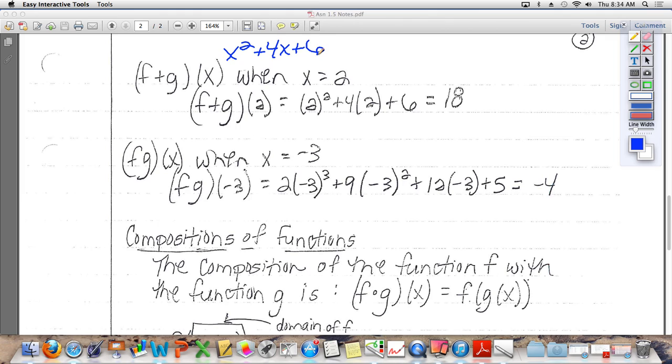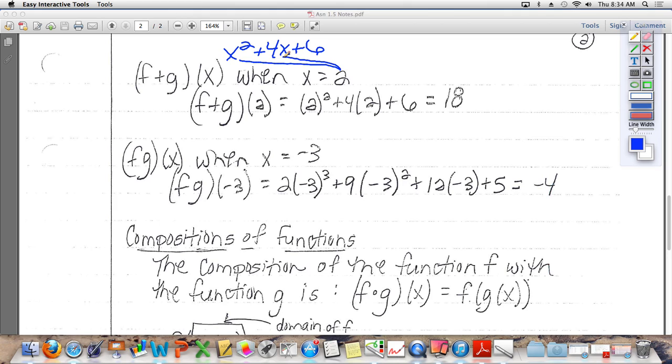That's what you got when you added together f and g. So this is your simplified expression. What I'm asking you to do is evaluate f plus g of x when x is 2. So you take that 2 and you plug it in for each of the x's. So you get 2 squared plus 4 times 2 plus 6 giving you a total of 18. So you add the polynomials together and then you start plugging in the value of x that you're working with.